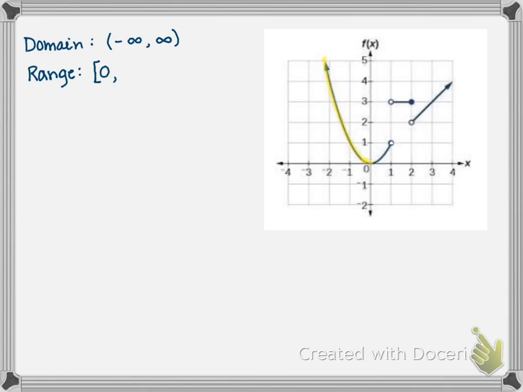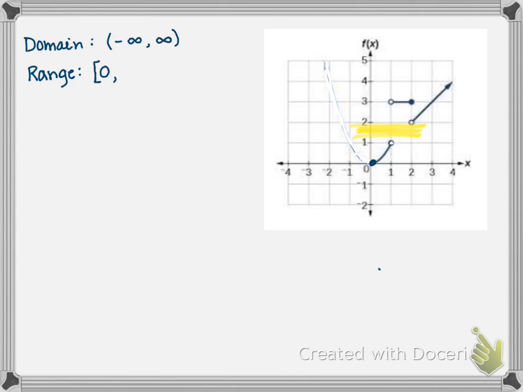So that covers the whole thing. If this guy didn't exist, then there would be one gap in this graph. Where would it be in terms of y values? Between 1 and 2, right?